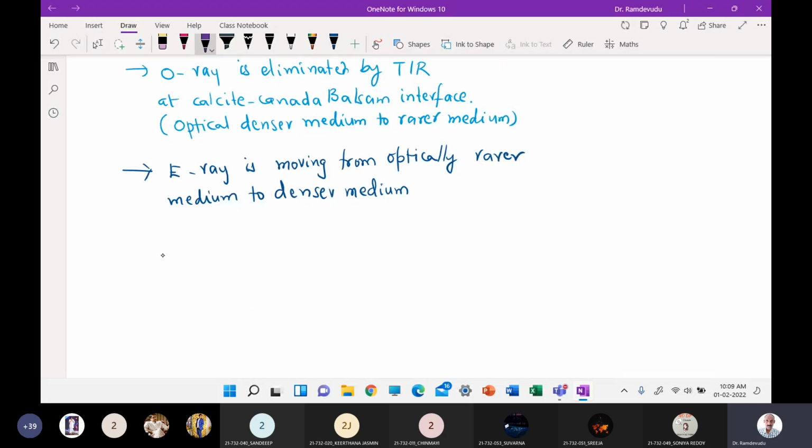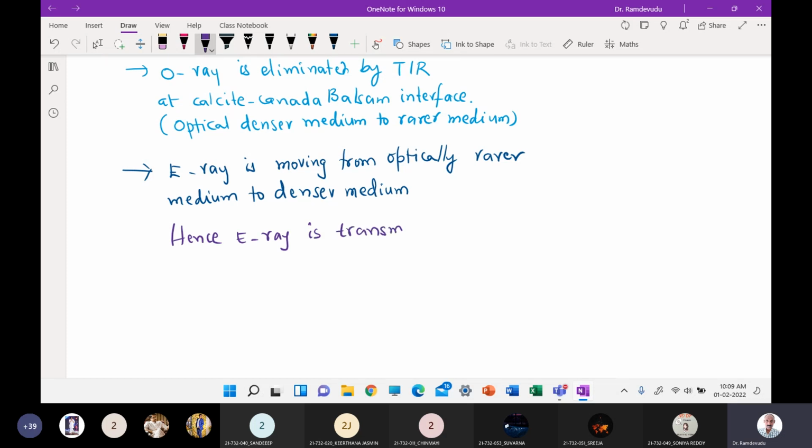So, for the optically rarer medium, the E ray is transmitted.